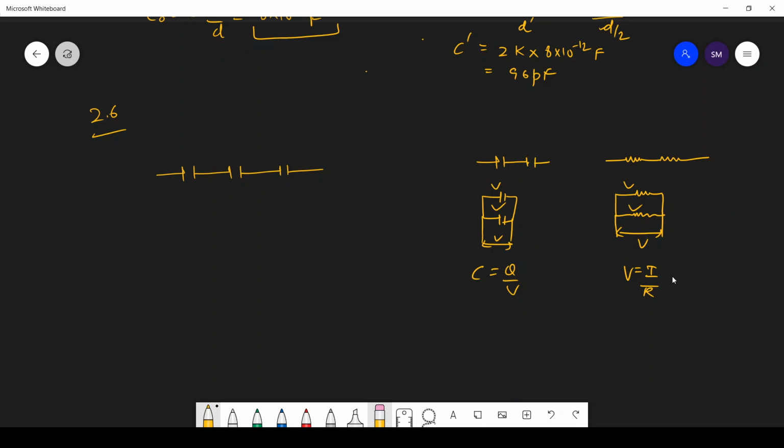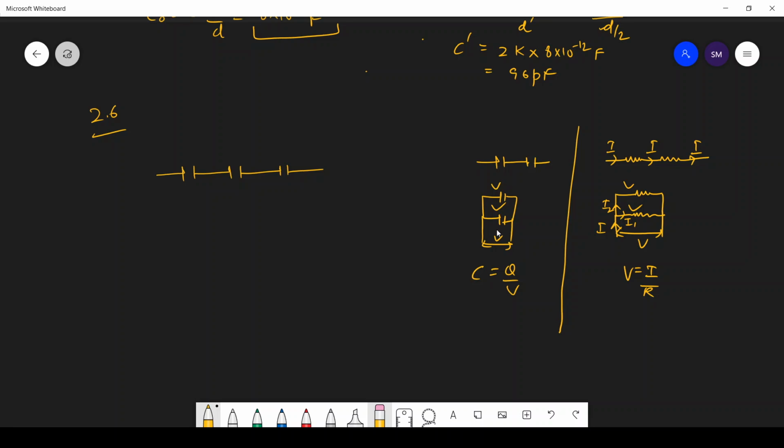So in parallel current is divided. So here the current is divided in resistances. Here I have the current I, and then Kirchhoff's junction rule, so this will be I1 and this will be I2. So current is divided. In series, current remains the same. So that's for the resistances.